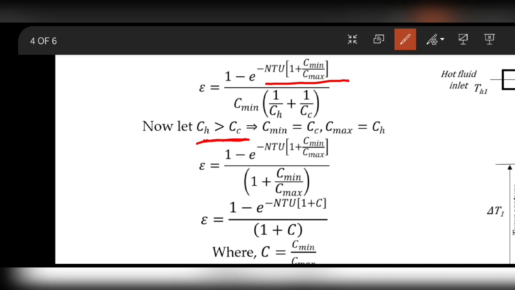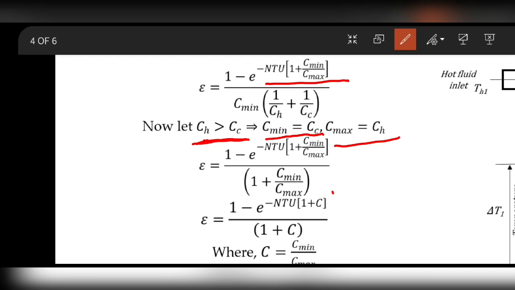The reverse of this can also be possible, CC can be greater than CH. For simplicity, I am considering CH is greater than CC. So CC becomes C minimum and CH becomes C maximum. So the cold fluid has minimum heat capacity now, and the hot fluid has maximum heat capacity.